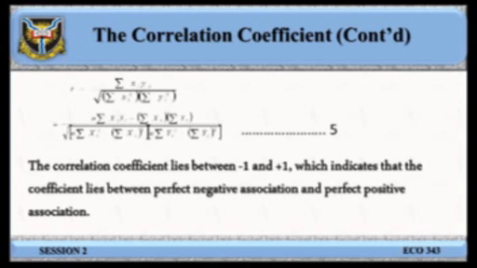The correlation coefficient lies between -1 and +1, which indicates that the coefficient lies between perfect negative association and perfect positive association.